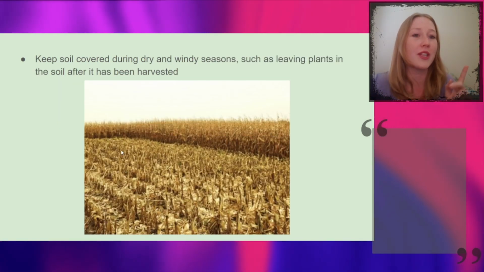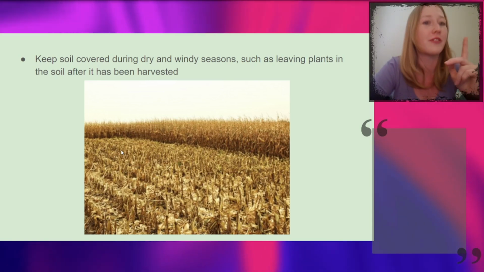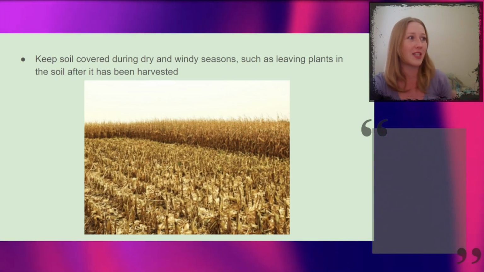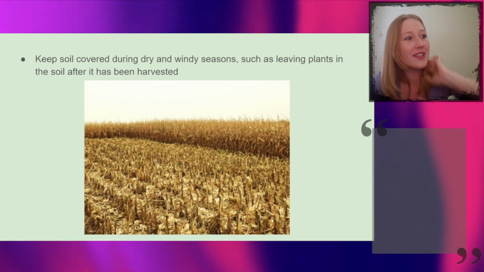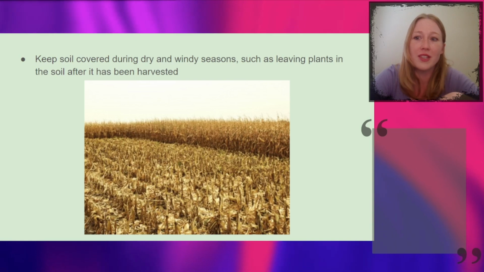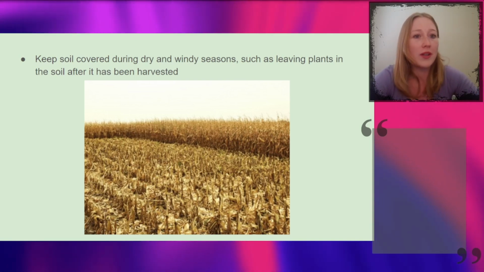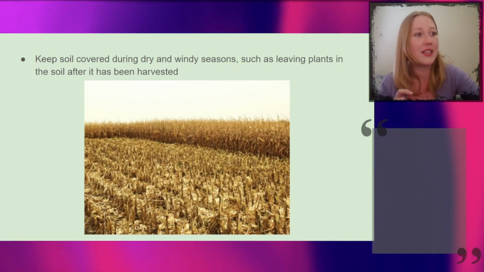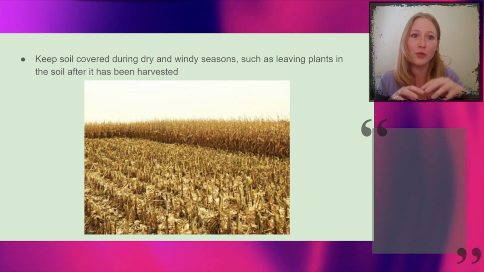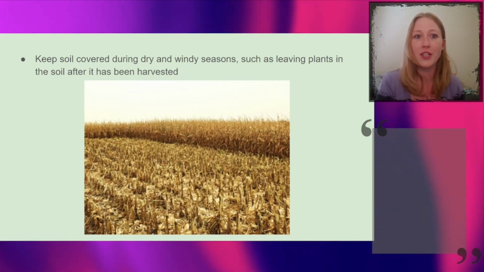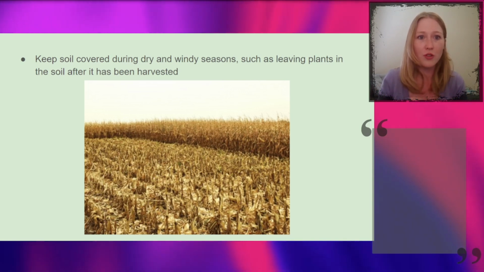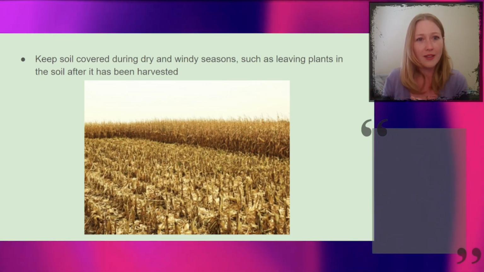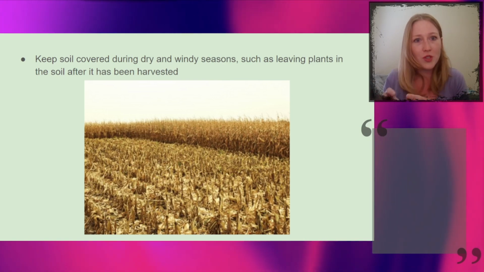Oh, I like this one because I've actually seen this quite often since I've covered it in the class. I'm seeing it more on the farms. Basically, the idea is that once the crop has been harvested, if you have something like wheat, they leave the stalks and the roots behind until they're ready to plant something else. Even though the plant is dead, the roots still hold the soil in place.